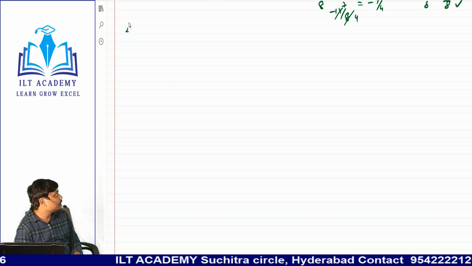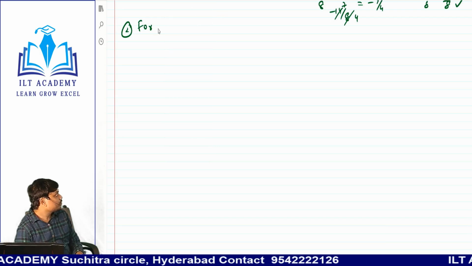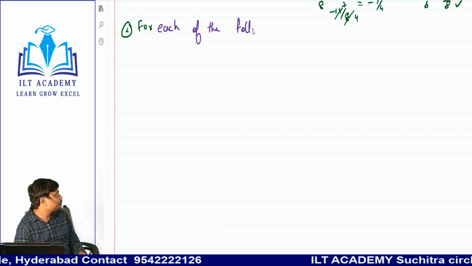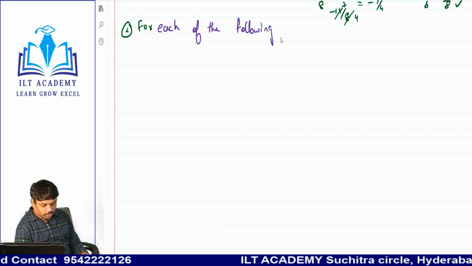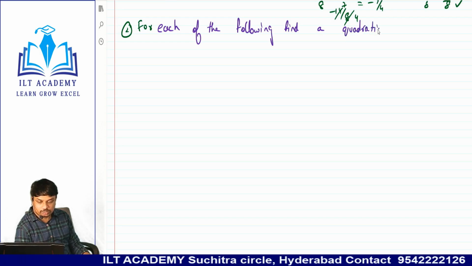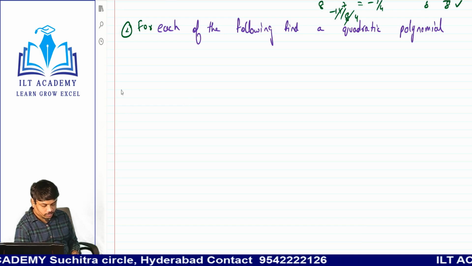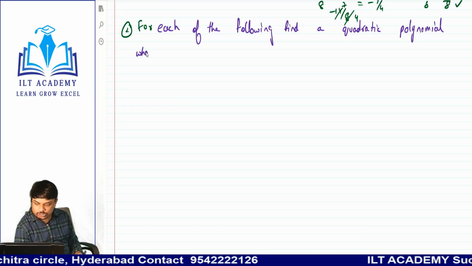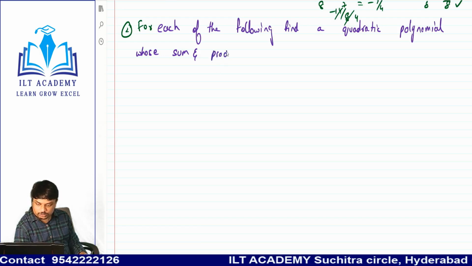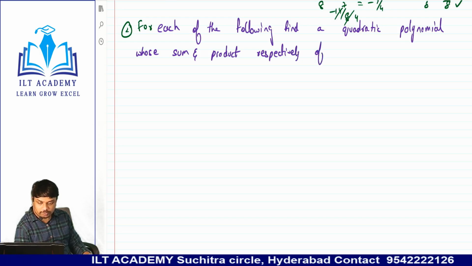Now Siva, write down the second bit heading. For each of the following, find a quadratic polynomial whose sum and product respectively of the zeros are given.